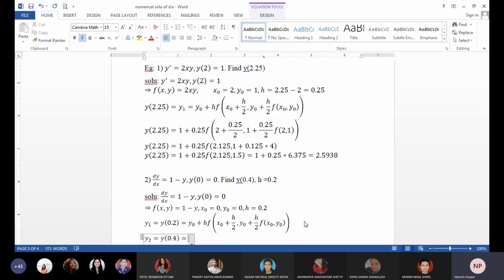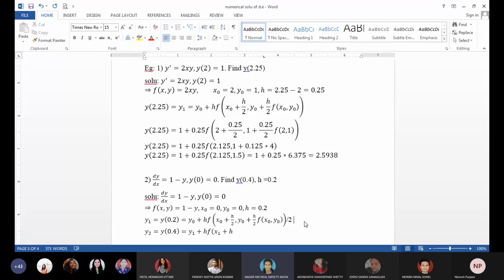Yes, anyone? y1 plus h into f of x1 plus h divided by 2, comma y1 plus h divided by 2 into f of x1, comma y1. Okay, good. From this iterative formula I will get y1 plus h into f of x1 plus h by 2, comma y1 plus h by 2 into f of x1 comma y1.